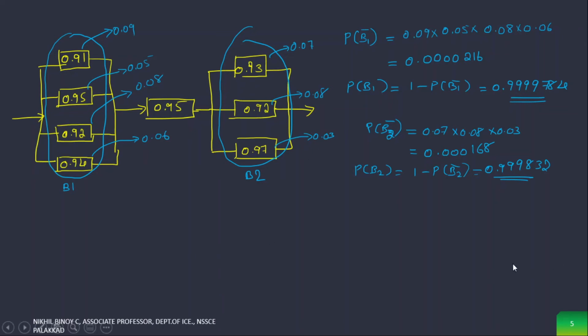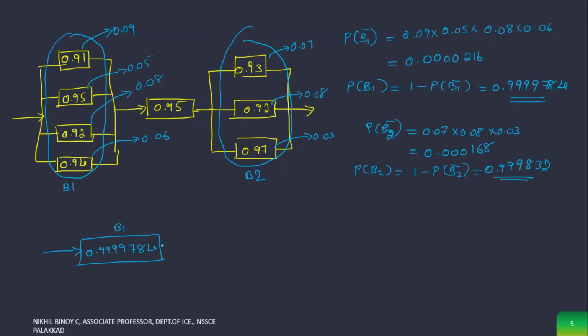So now we can redraw this reliability block diagram. The first parallel block is now 0.9999784, that is this particular one. So this is the first block, okay, this is actually B1.